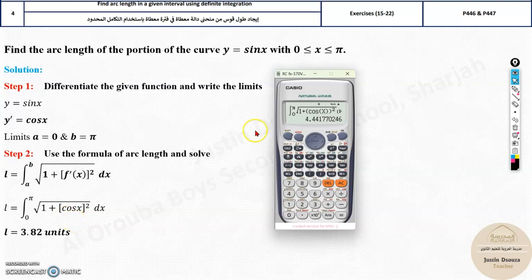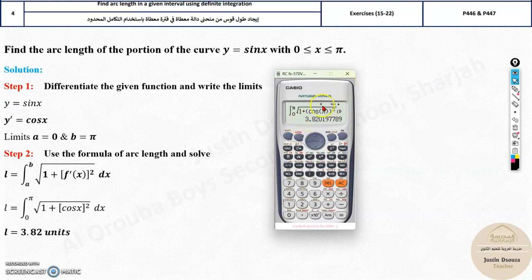What is the problem? Here we need to change the mode to radian. If you're getting this 4.44, that's not right because it's in degrees. You need to change to radian: shift, mode, and 4. And now you will get the correct answer, from radian mode. Now, you can even get it in degrees, but it's a long procedure because you need to convert it, again, by pi over 180, and it'll take time.